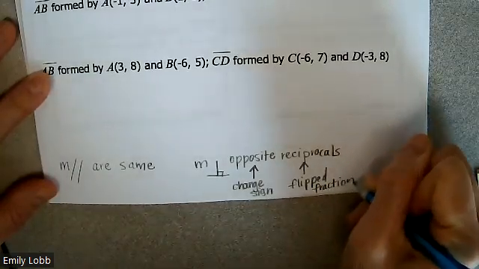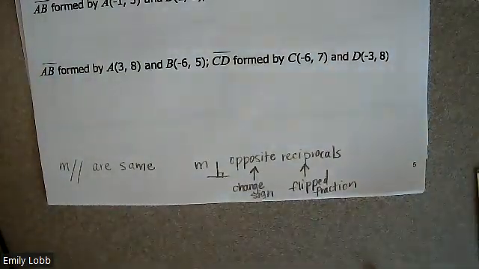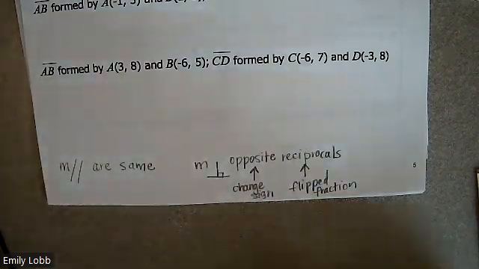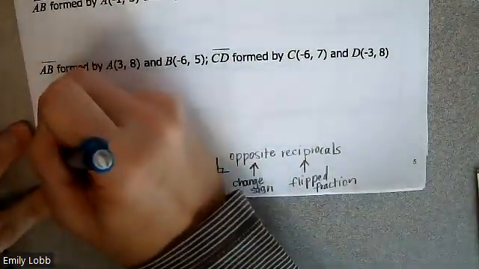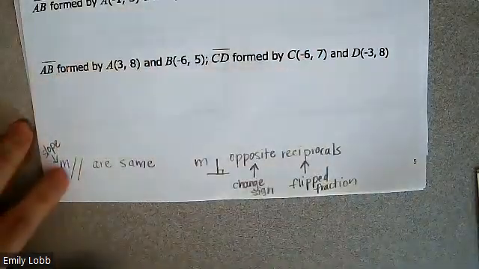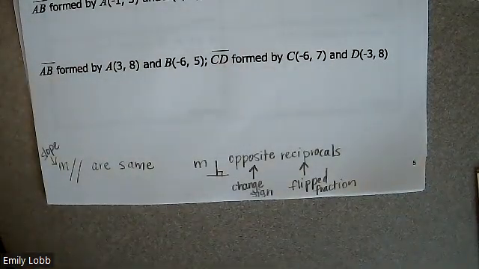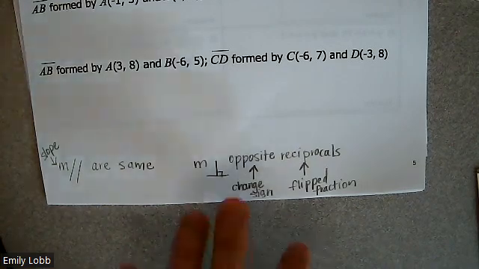So the reason I write things over and over again is because it's one of those things that you have to know, you have to remember, right? So m is the slope, if we need help remembering that. If we have two of the same slopes, those lines are parallel, or perhaps the same line.